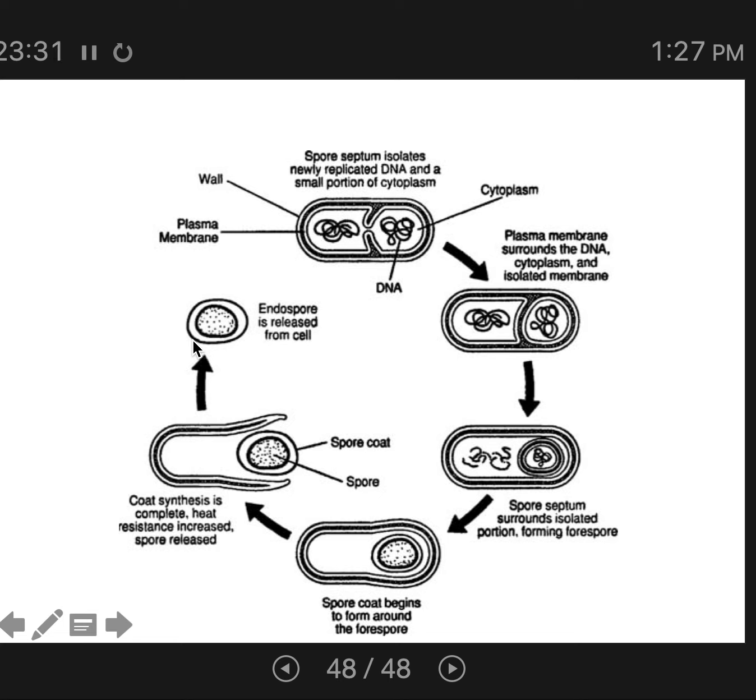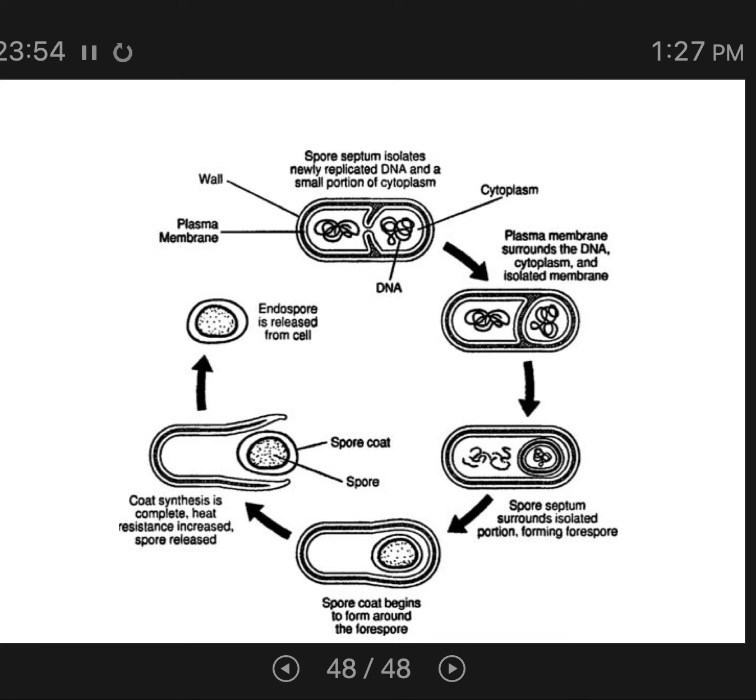Then you have two phospholipid bilayers, and between them is a peptidoglycan cell wall. So you have protein coat, phospholipid bilayer, cell wall, phospholipid bilayer. Now, remember, cell walls are not shields.